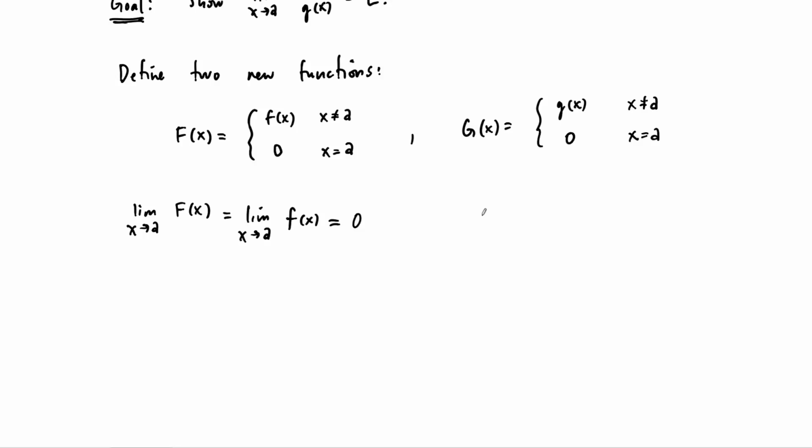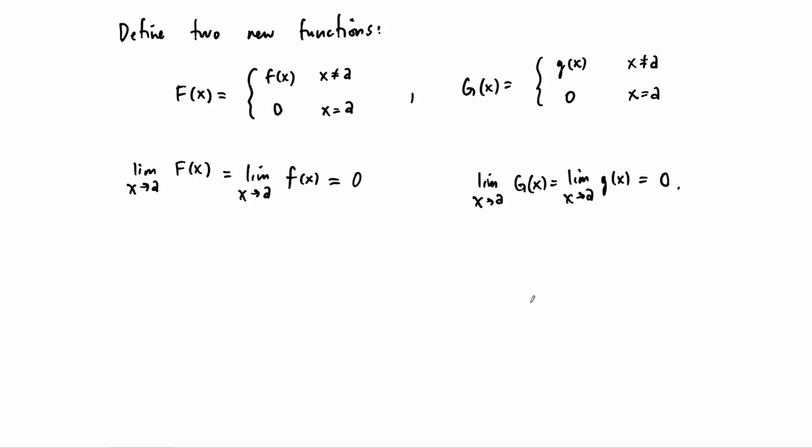Same thing's going to be true for g. The limit as x approaches a of capital G of x is equal to the limit as x approaches a of little g of x for the same reason, which we know is 0. So at this point, we've got that the limit as x approaches a of big F of x is equal to 0, and big F of a is also equal to 0.